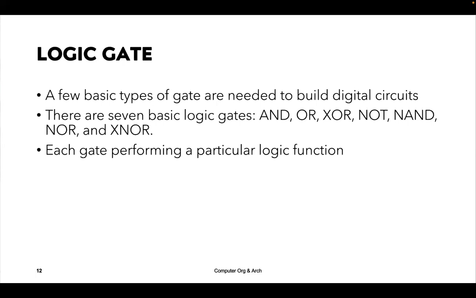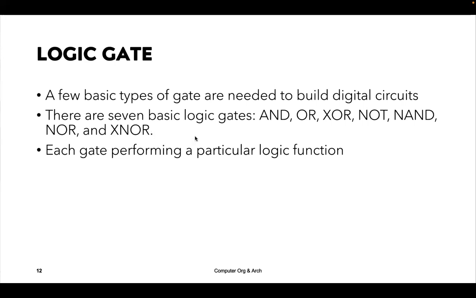What you have to know is that there are 7 logic gates represented by specific symbols. We have the AND gate, the OR, the XOR, the NOT, the NAND, NOR, and XNOR.